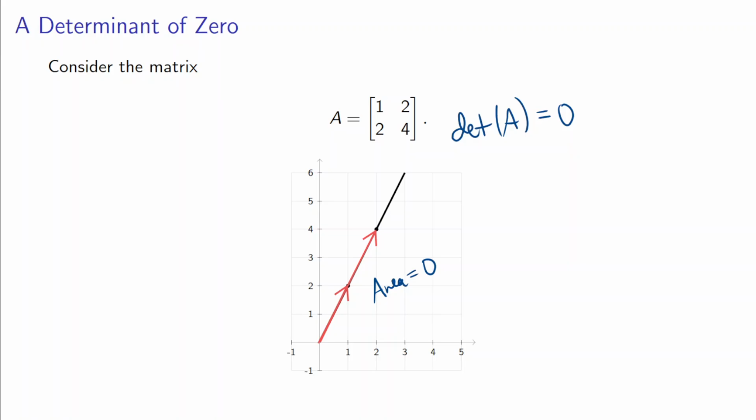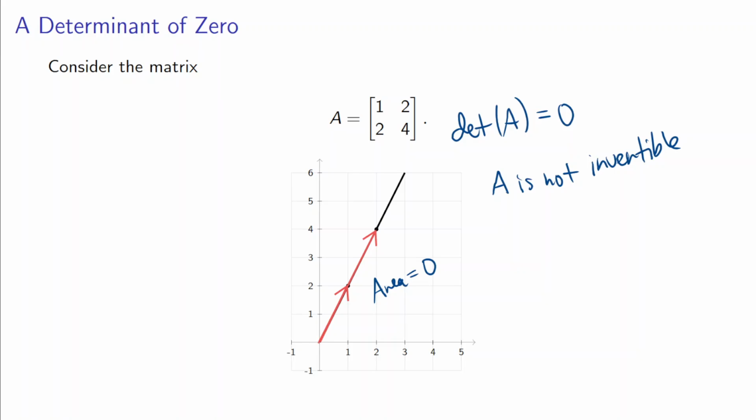The other thing we can see here is that if we were to try to row reduce this to the identity, we would be unable to do it, and therefore A is not invertible. So we're making a bunch of connections right here with this particular example.